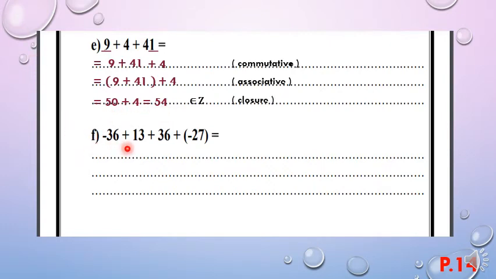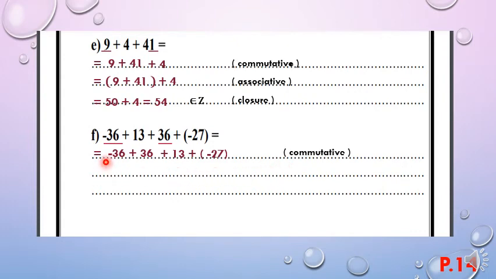Letter F. Negative 36 plus 13 plus 36 plus negative 27. Here we have negative 36 and 36. They are what? A number and its inverse. So we are going to change the places to have negative 36 plus 36 plus 13 plus negative 27, and this is called commutative.